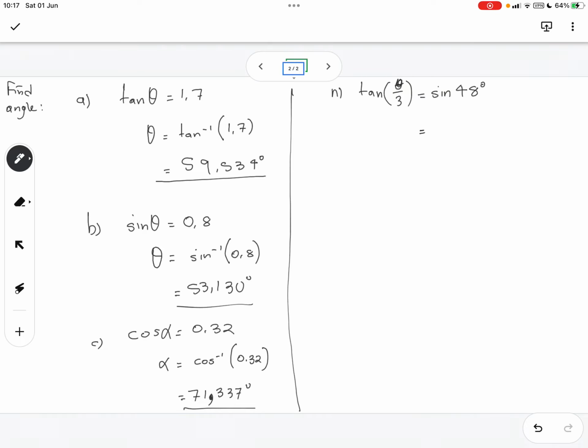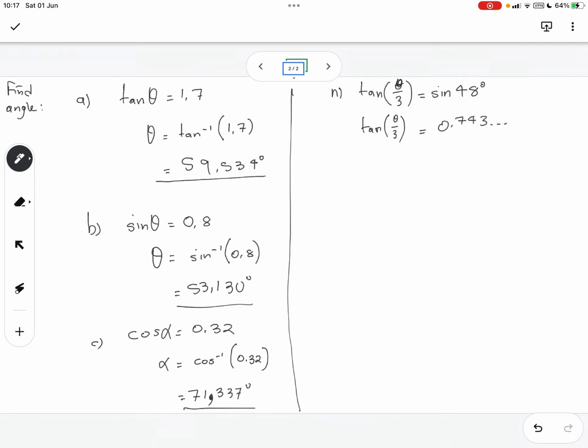We can first calculate the sine of 48 and get a decimal value. So let's do that. Can you work out the sine of 48? 0.73, but probably doing it wrong. Yeah, no. It's 0.743. Yes, so you're still correct.